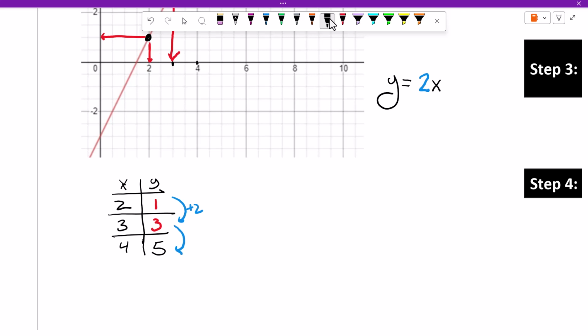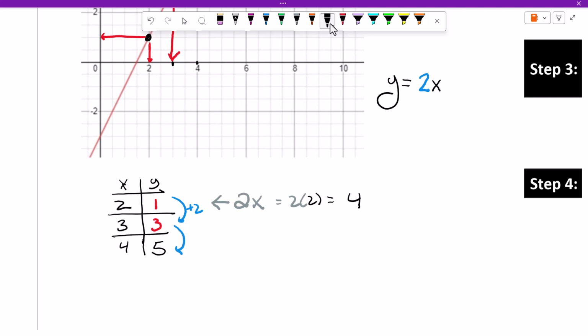All right, so now, just like we did last time, we need to figure out what we need to add or subtract to make this equation work. So we go to here. We test it out. We have a 2x. Okay. And we plug in our point. We have 2 times 2 equals 4.